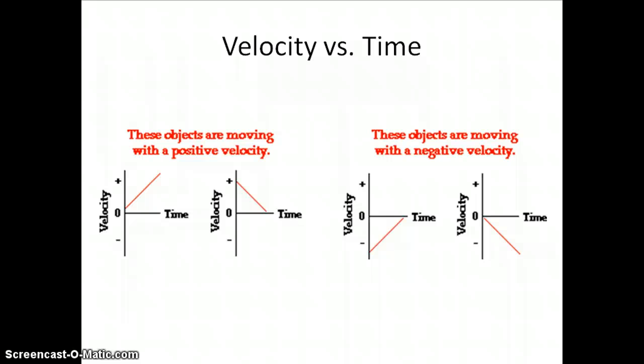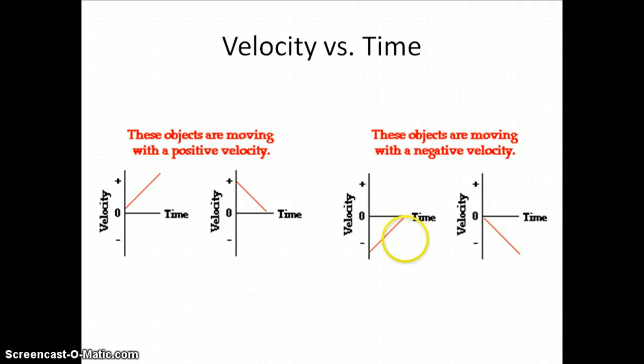We know that on a velocity time graph, your slope is velocity divided by time, and that is your acceleration. So the slope tells you the acceleration, but this still has a positive velocity because it's above the 0. So you have positive velocity no matter where the slope is pointing, or if it's positive or negative.